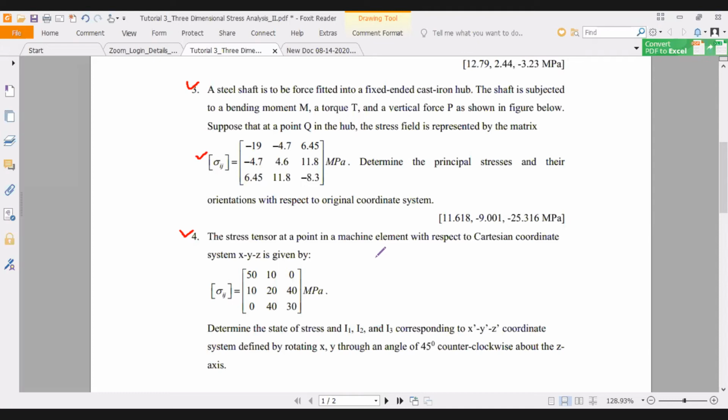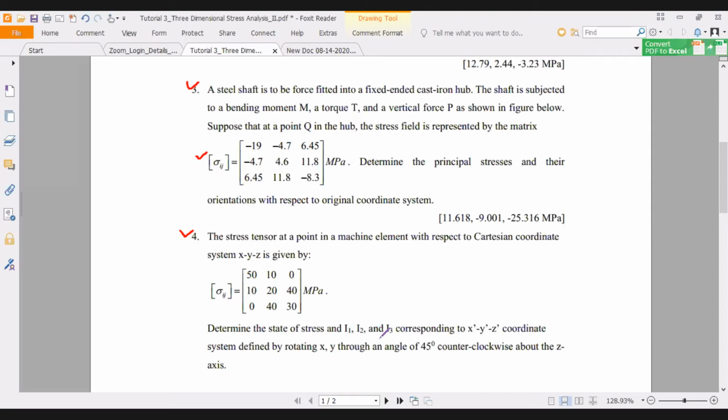Okay, so the fourth question: the stress tensor at a point in a machine element with respect to Cartesian coordinate system x, y, z is given by this, which is again given to you. Determine the state of stress and I1, I2, I3 corresponding to the x dash, y dash, z dash coordinate system defined by rotating x, y through an angle 45 degrees counterclockwise about the z axis.